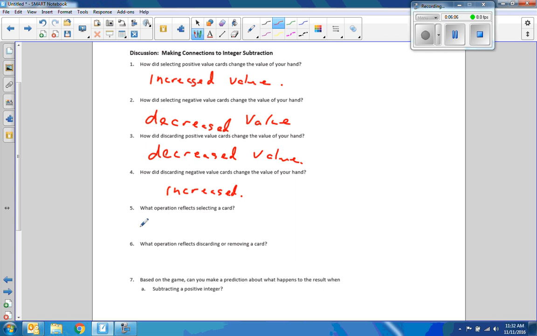Okay, what operation reflects selecting a card? The operation is addition. Even though it's negative, we are adding negative numbers. What operation reflects discarding or removing cards? That would have been subtraction.